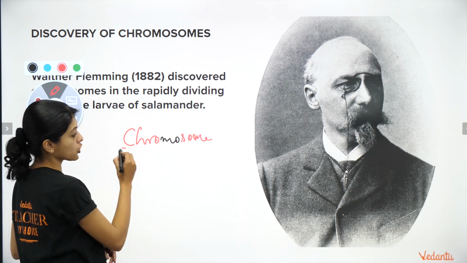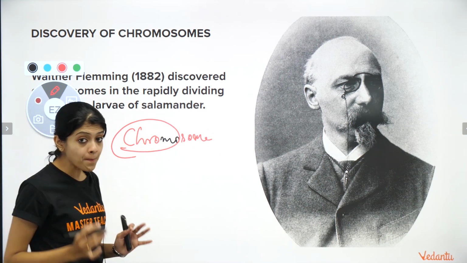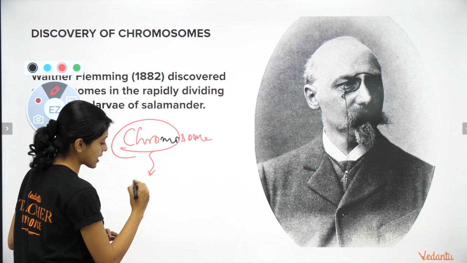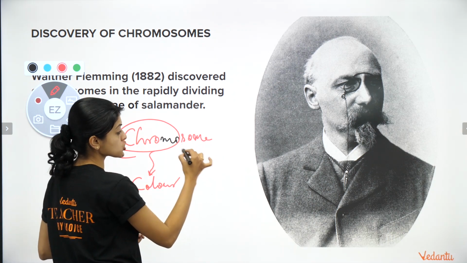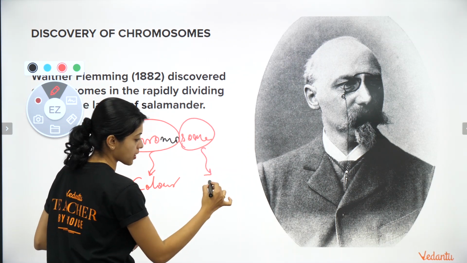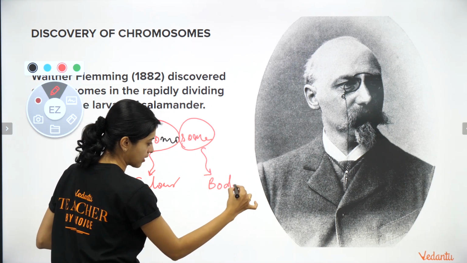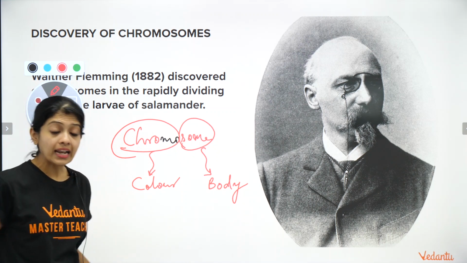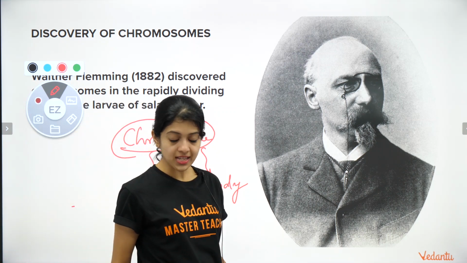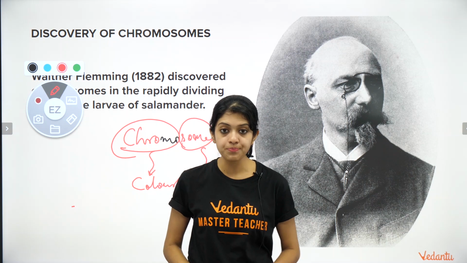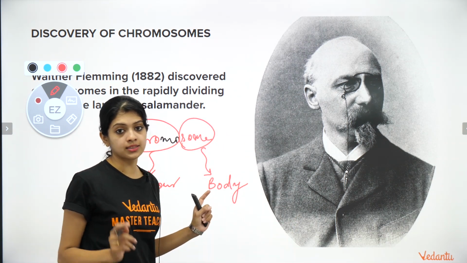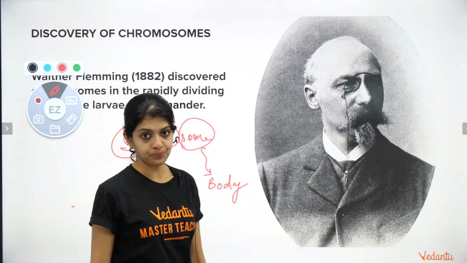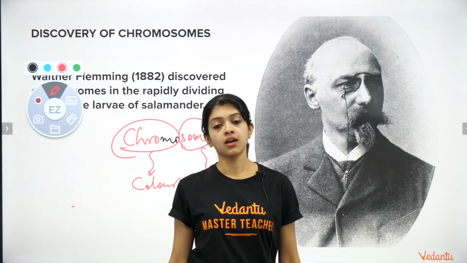Chromosome, because chroma means color and soma is body. Colored bodies, right? Which is why he calls them chromosomes. Where have you heard the suffix soma before? Can you recall?